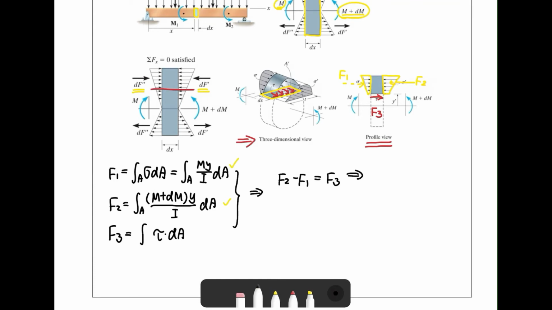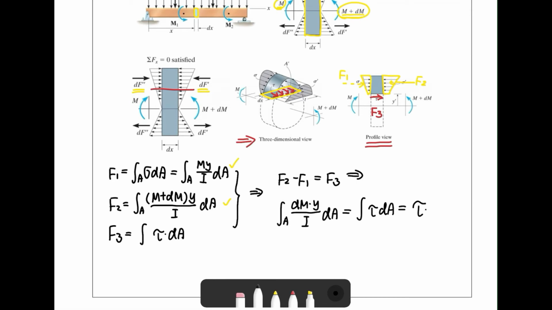The only thing left for F2 minus F1 is the differential moment times y over I, times dA. And this equals the shear stress times dA.